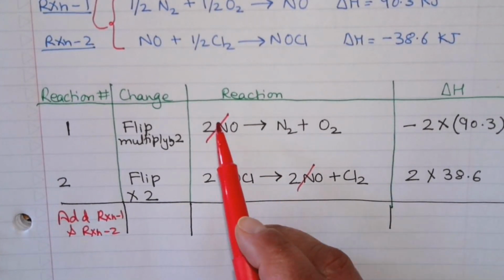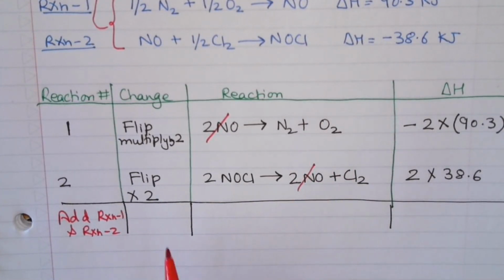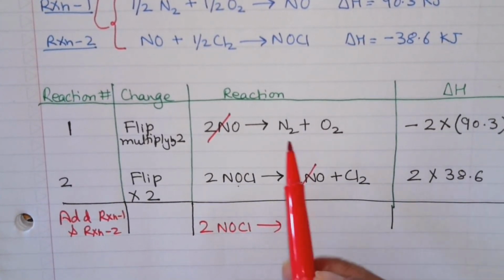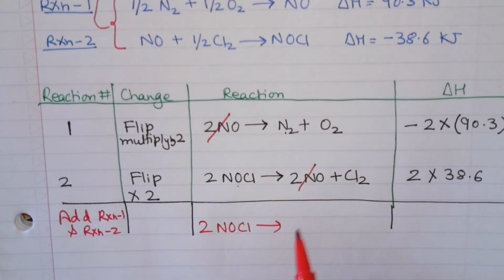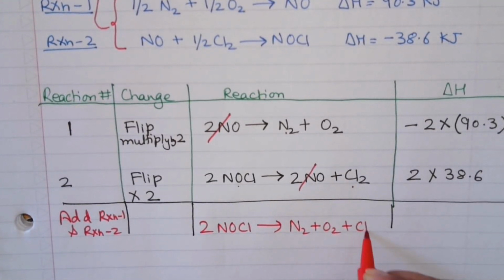It's like X and X on both sides of the equation, they cancel out, right? And then add the remaining. So we have 2 NOCl on the reactant side, and on the product side we have N2 plus O2 plus Cl2.